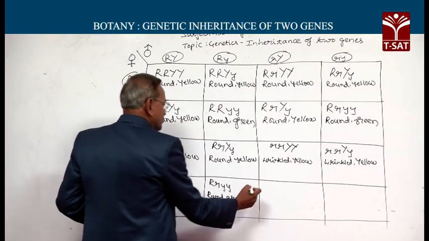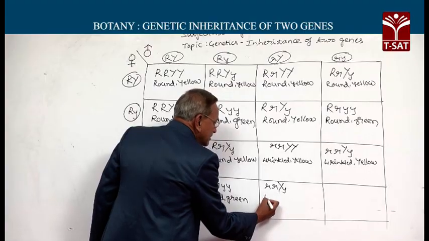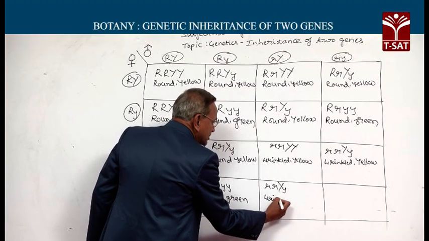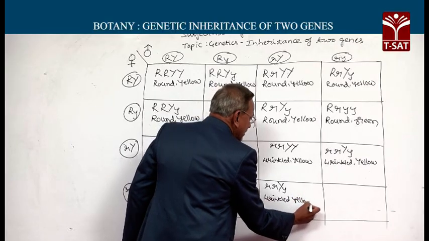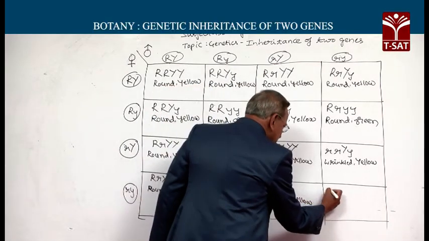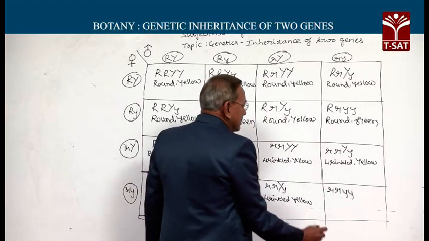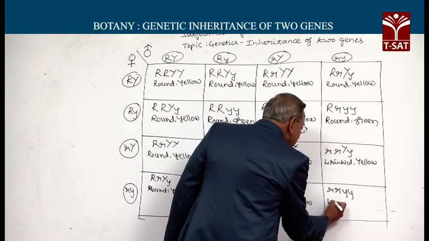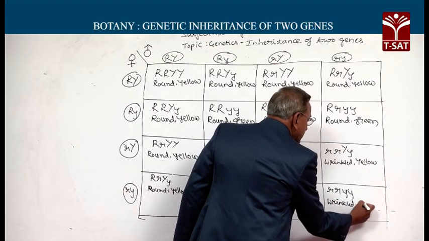This is small r, small r, capital Y, small y. This will be wrinkled in shape and yellow in color. This is small r, small r, small y, small y, and it is wrinkled and green.